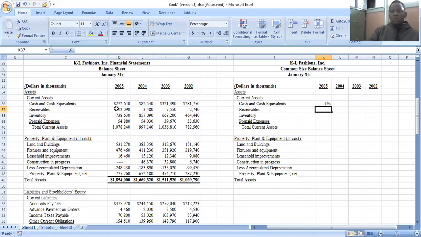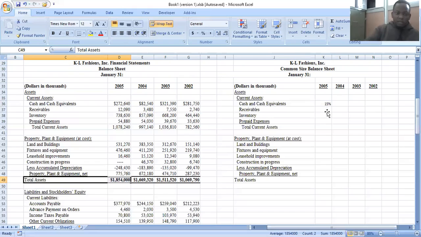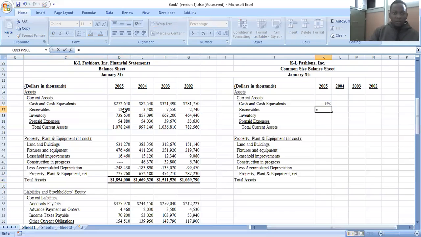Then for the receivables, the common size ratio is receivables divided by total assets. That is 12,090 divided by 1.8 million, which gives us 1%.